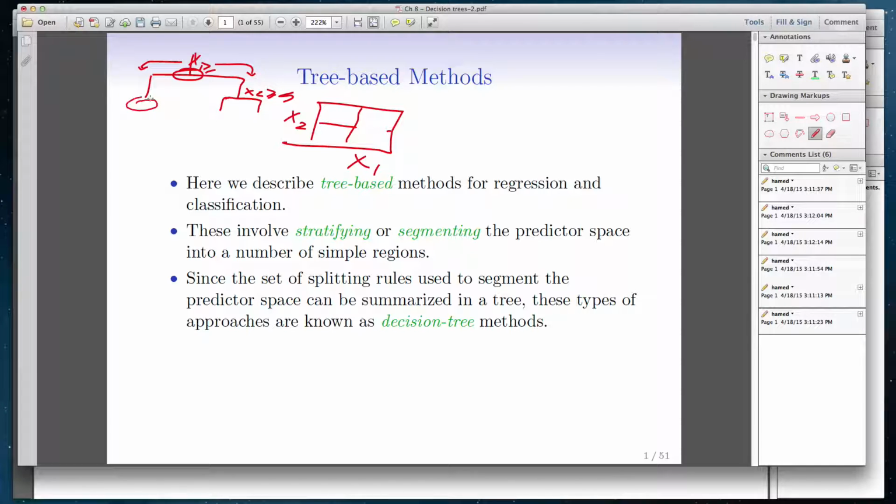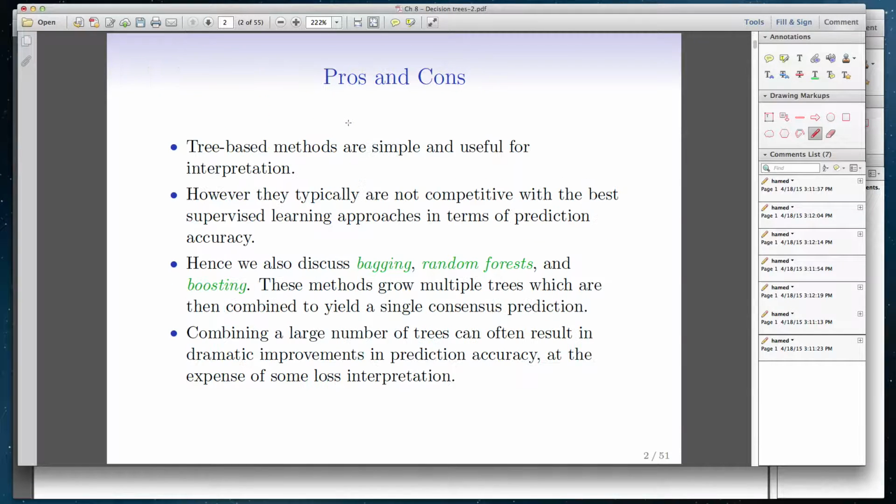Each of these end nodes is considered a region. Each one represents one of these regions. Tree-based methods are extremely easy to interpret, and they are one of the best tools that you have for interpretation.